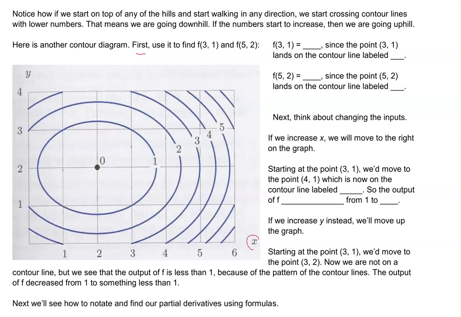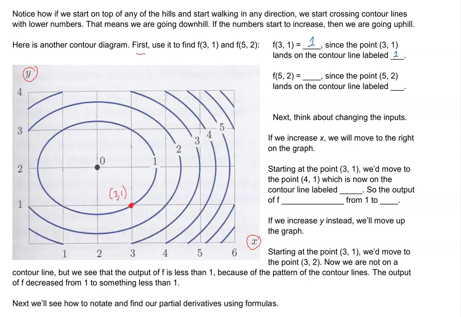So x is across the bottom again, y is vertical. So (3,1) would be located with this intersection. And so the contour line that it is on is labeled with a 1. So that would be my answer. f of 3,1 is 1, since it lands on a contour line labeled 1.